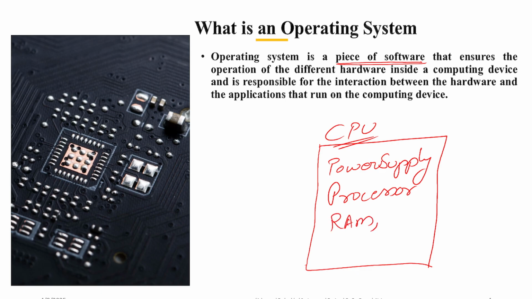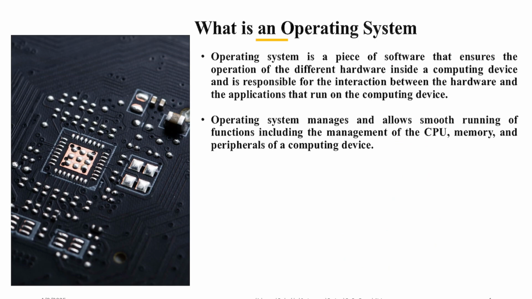We have other memories like external hard disk, HDD, and so on. So operating system basically provides or ensures the operation of all these peripherals in a proper way, and all the features related to these hardware are controlled and managed by the software, which is called operating system.